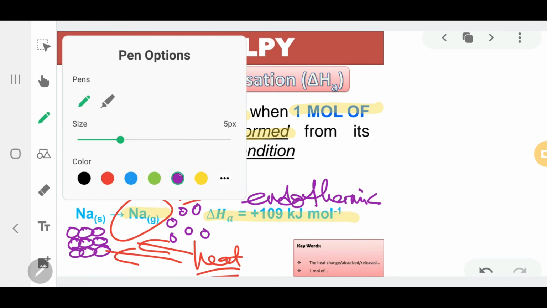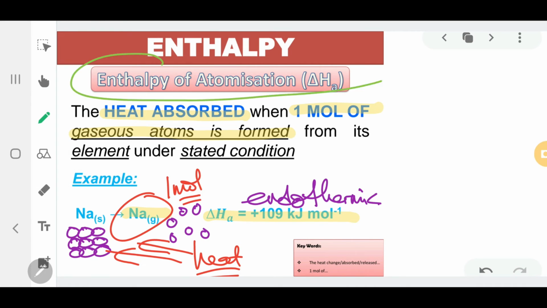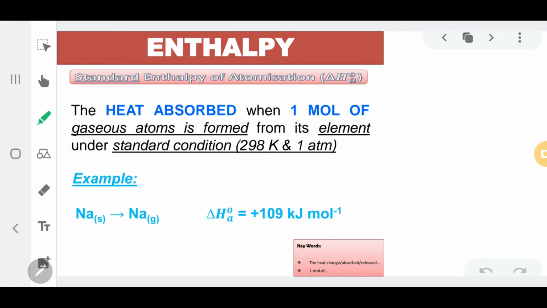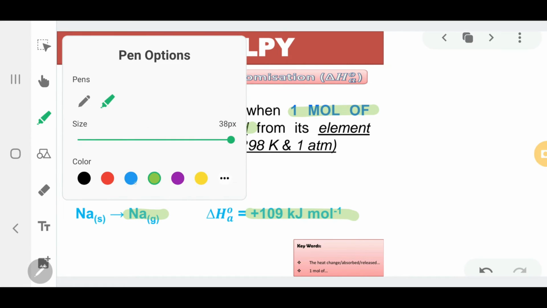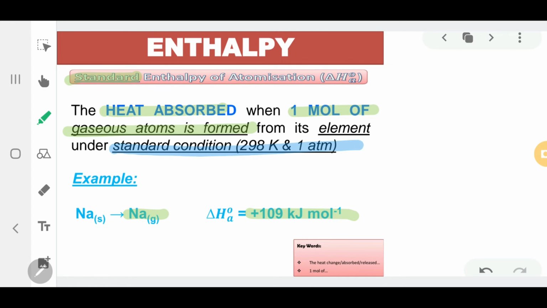Again, in this case, it's just going to be enthalpy of atomization. Therefore, it will be under stated condition. Okay, so that is the elements right here. Again, for standard, it's still going to be the same: heat absorbed, 1 mole of gaseous atoms is formed, but this time you have standard condition, which is 298 Kelvin at 1 atmospheric pressure.